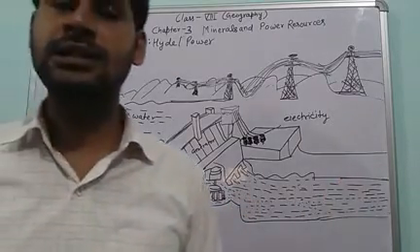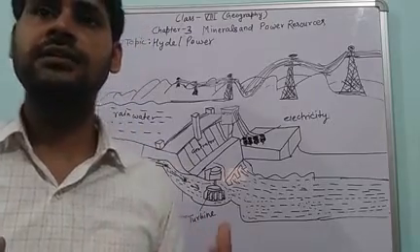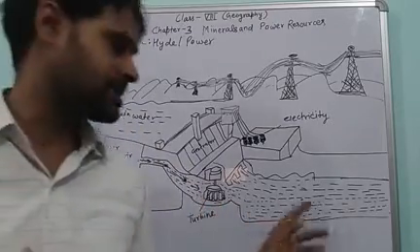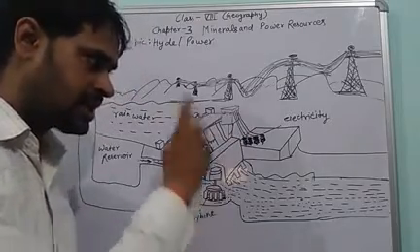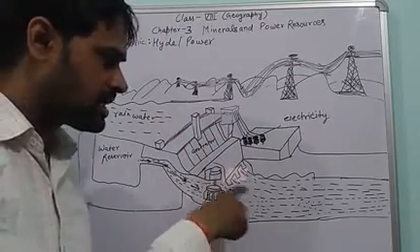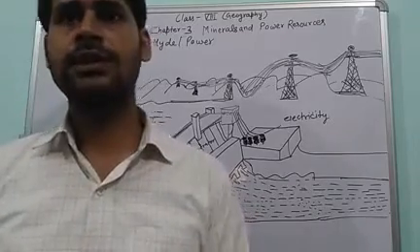The water discharged after generation of electricity is used for irrigation, so that water is again used for irrigation purposes.